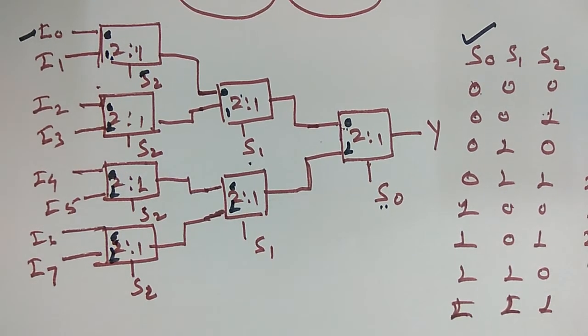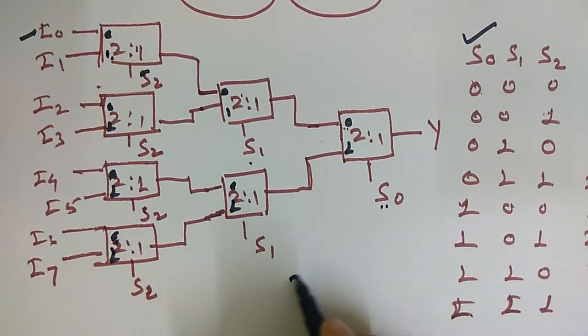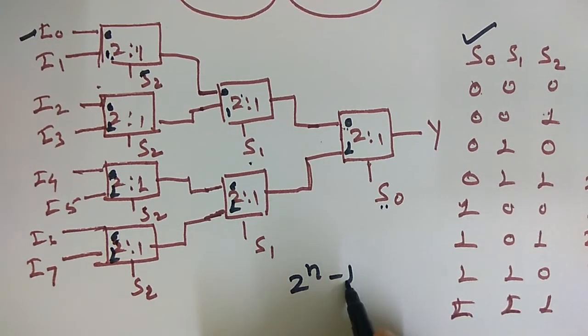So this is the procedure for implementing 8 raised to 1 mux using 2 raised to 1 mux. The conclusion is that when we implement a multiplexer using 2 raised to 1 mux, we require 2 raised to the power n minus 1 mux.